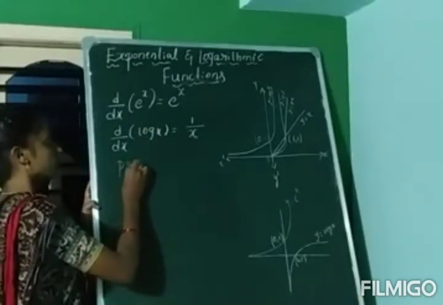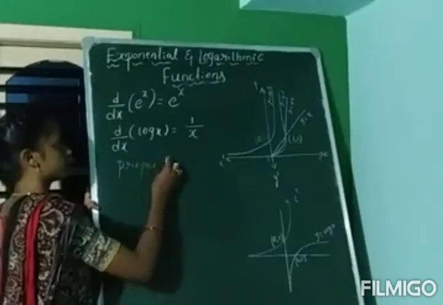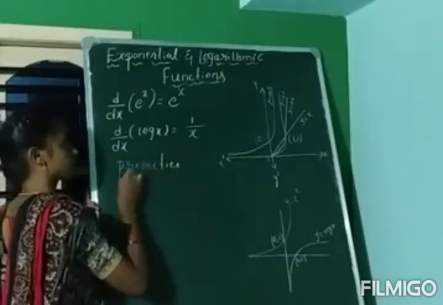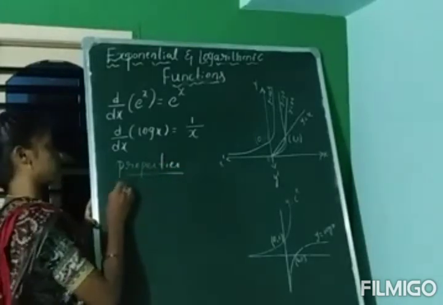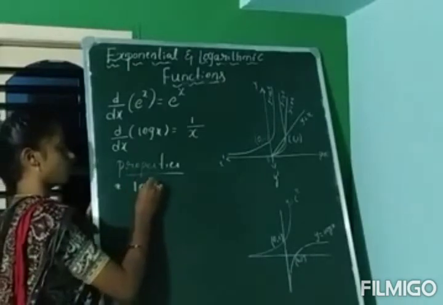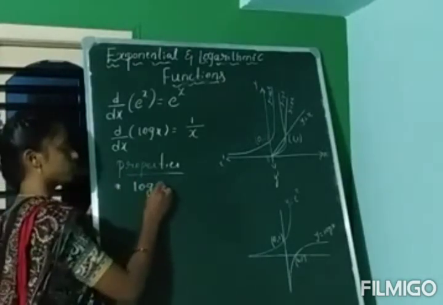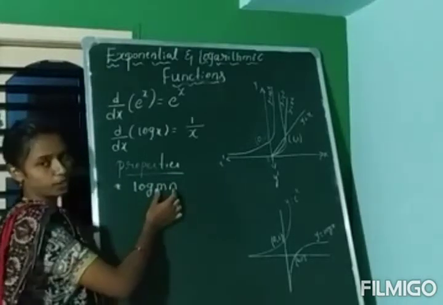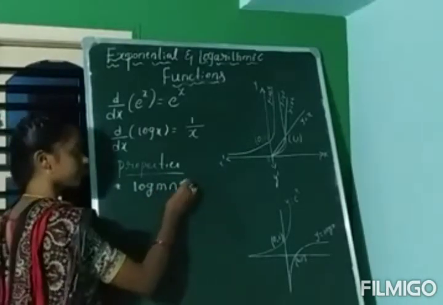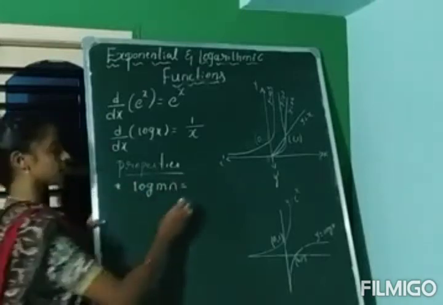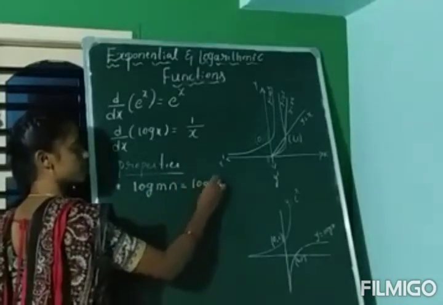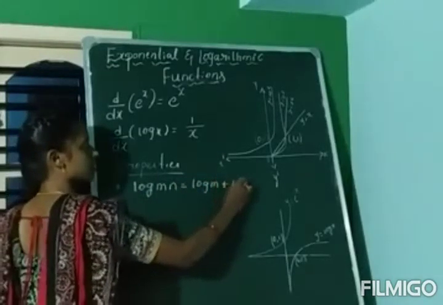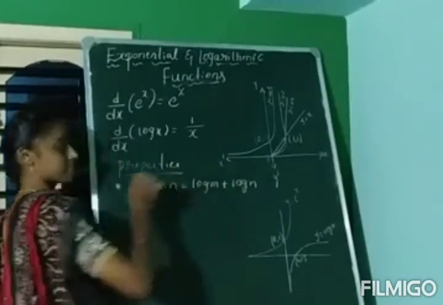Now, properties of logarithmic functions. The first one is, I take the log of 2 different functions m and n, where these 2 functions are like a product. In that case, we can write it as log of the first function plus log of the second function.